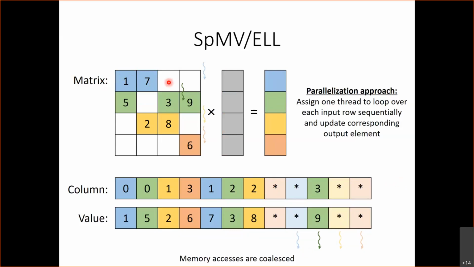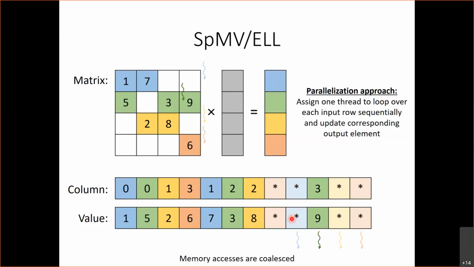Right, exactly. So here, because this first row does not use all of its values, there's this padding value that we're not using. We can actually use this padded element if we want to add a non-zero in the future.